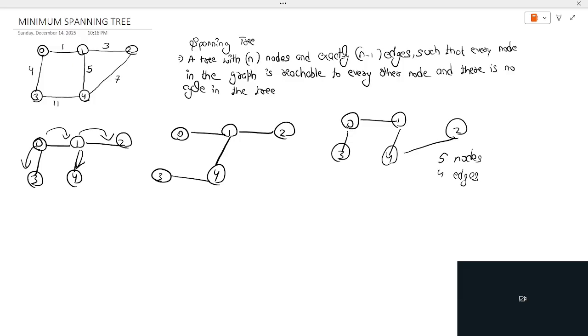Now let us understand what is minimum spanning tree. If I consider this spanning tree, let us draw it again. Let us also write down the edge weights in this spanning tree.